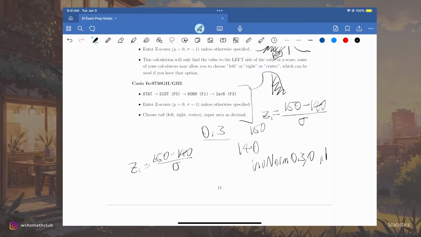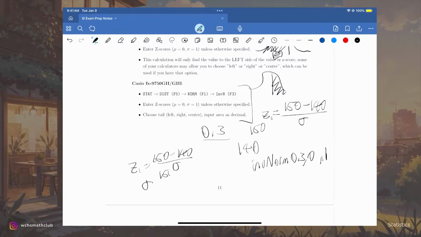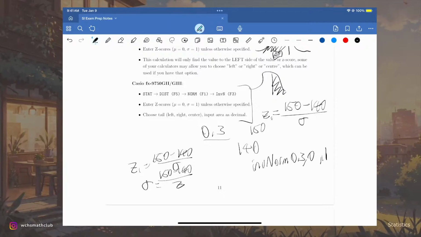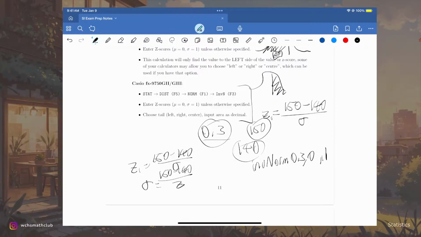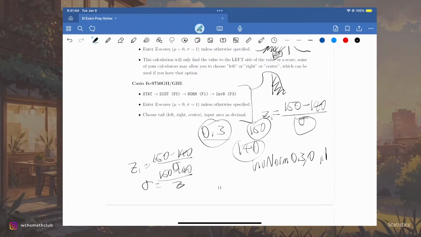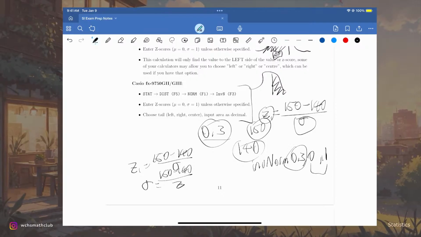And then we can calculate our deviation as 150 minus 140 over z. So once again, how this works is if you have the mean, you have the area, and you have the value you get, you can calculate a z-score out of that in terms of the variable. And then you also are able to find what the z is based on the inverse norm of a z-curve with 0 and 1, and of area 0.3.